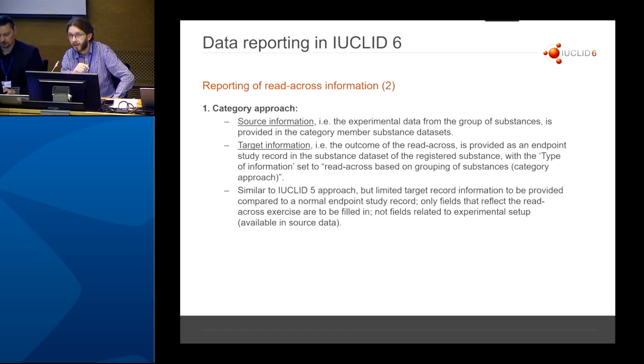There, the source information is going to be stored in data sets that are for the category member, so independent data sets. And the target information will be in the substance you register with the value for the endpoint you have calculated for the substance you register. So that's for the category approach. And we didn't look at how to report categories in Euclid, but there is some information on the Euclid website on how to do that.